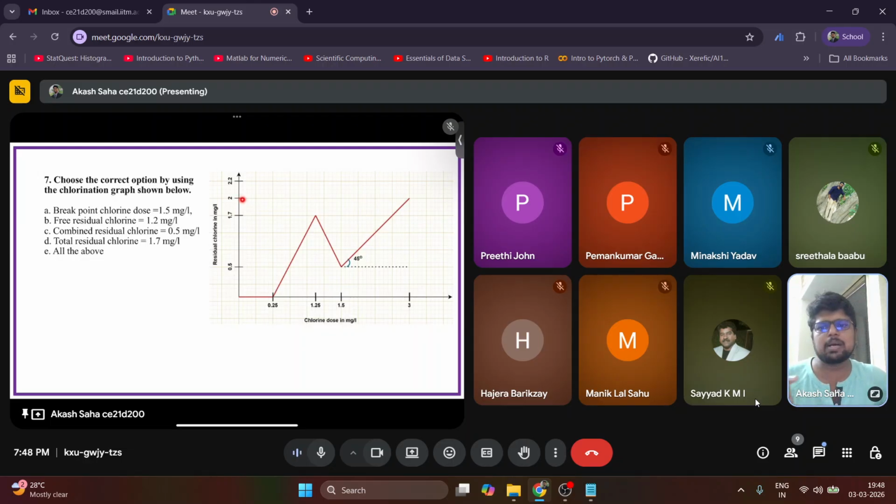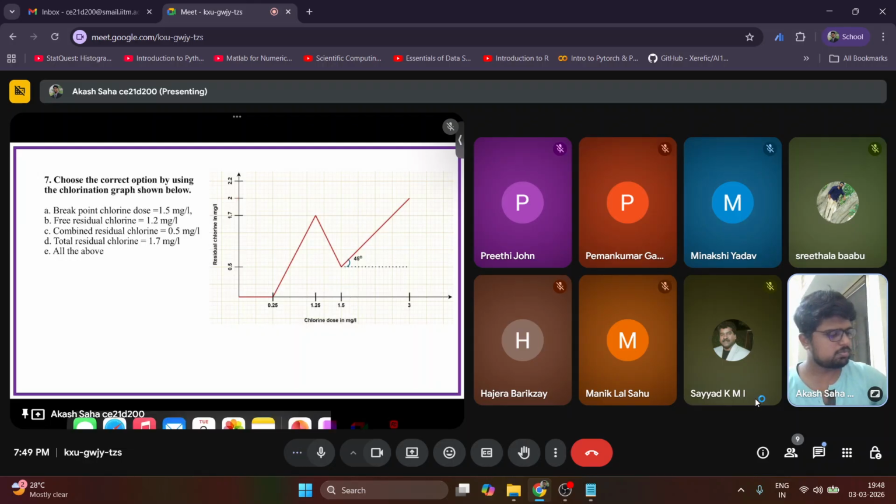Out of 2 milligram per liter, 0.5 is the combined residual chlorine. So the rest of it will be free residual chlorine, that is 1.5. And total residual chlorine will be 2 milligram per liter. So in this question, options A and C are correct. The rest of them are wrong.